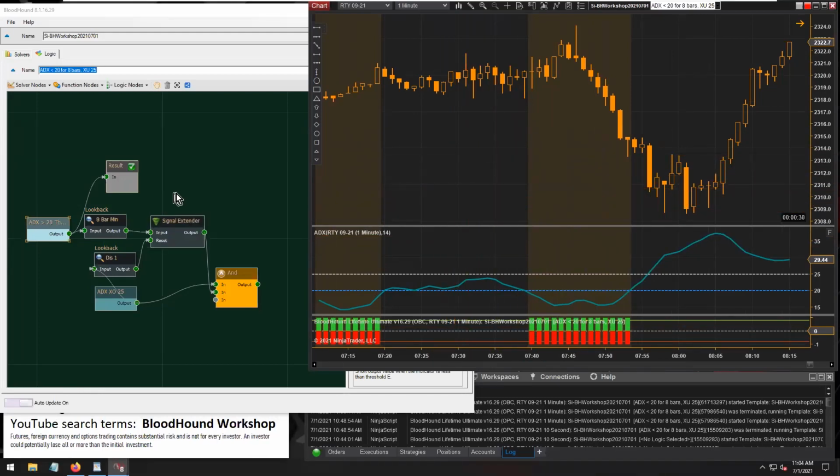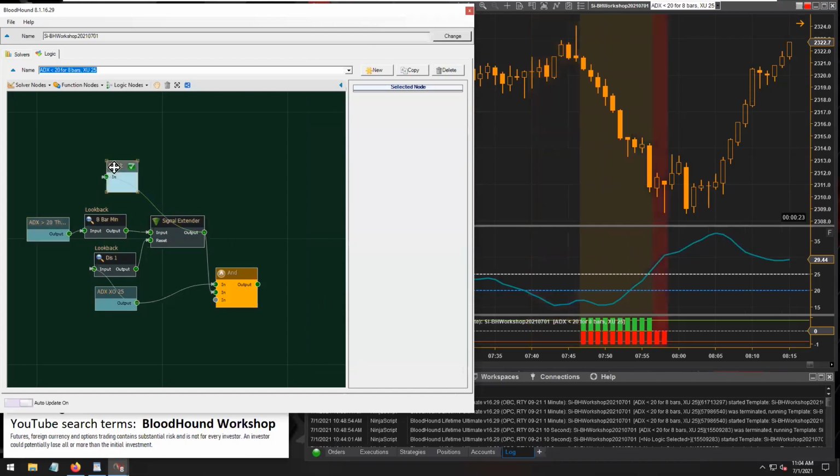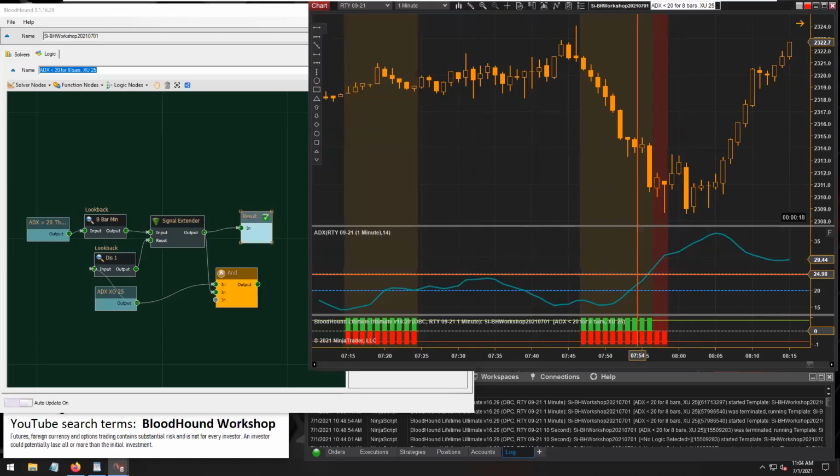Okay, and let's see what else. Let's check our signal extender. All right, so our signal extender, we can see we're now getting a long and a short output for the signal extender.